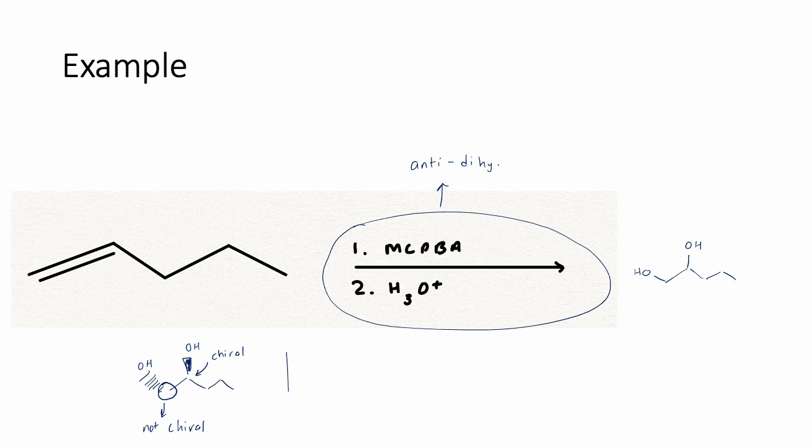So what my final answer should be is this, plus the enantiomer that can result from that. Okay? So just be on the lookout for chiral carbons, because that's going to be very important for your final answer.